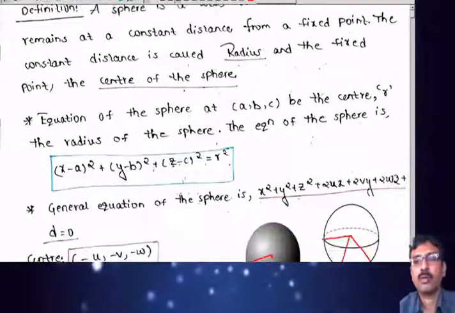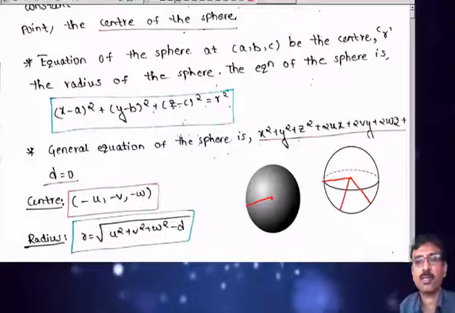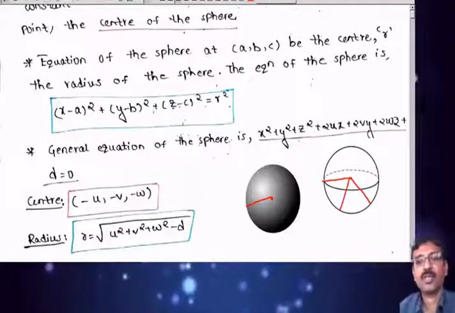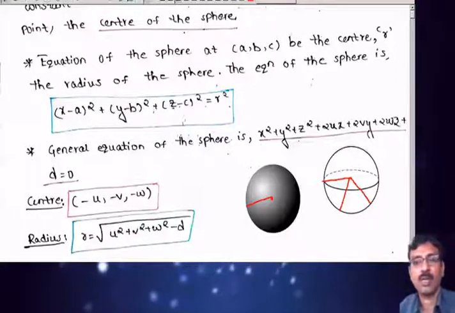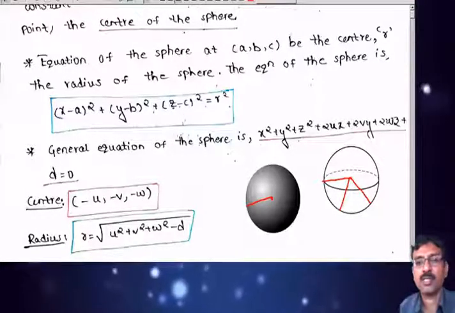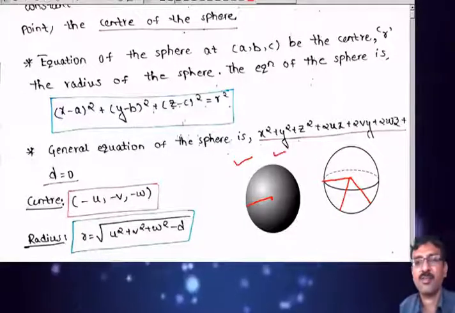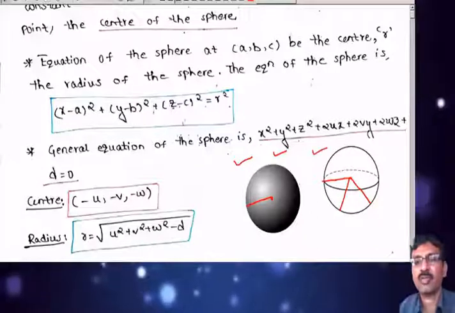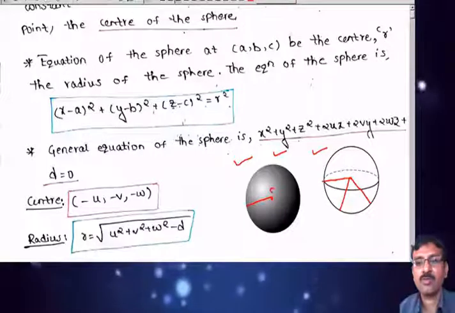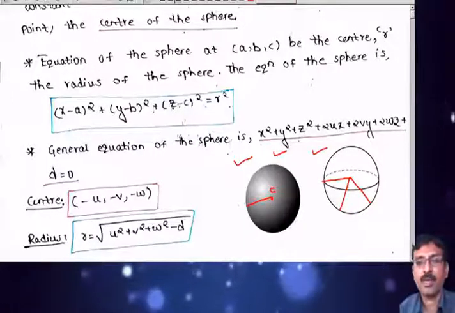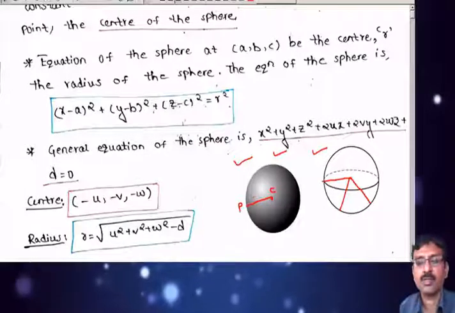Okay, so the physical shape of the sphere is like this. This is a sphere. This is a three-dimensional figure, and this is a two-dimensional figure. Observe that this is the center, usually denoted by C, and P is any point on the sphere.